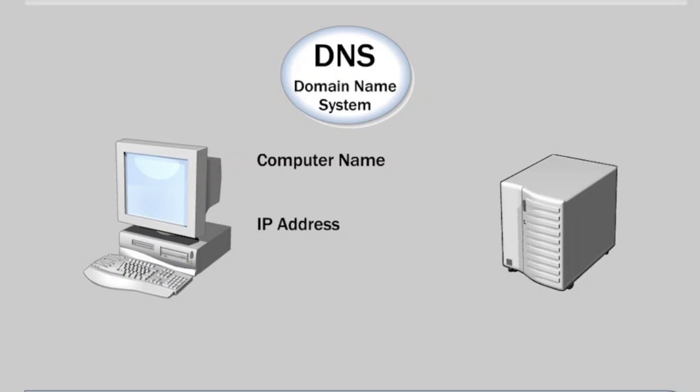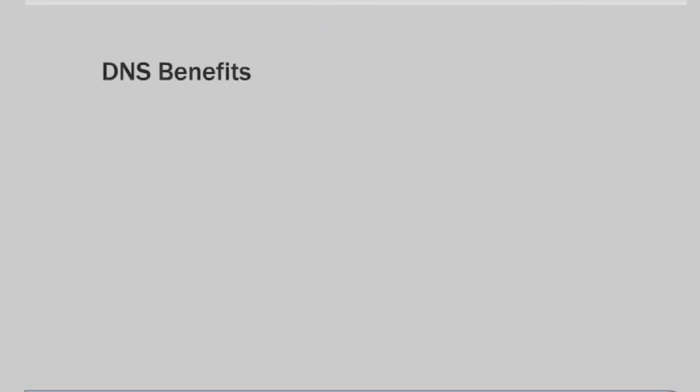For example, a computer name such as webserver1.training.microsoft.com maps to an IP address of 192.168.0.18. Although DNS is most commonly associated with the Internet, private networks also use DNS because of the following benefits.